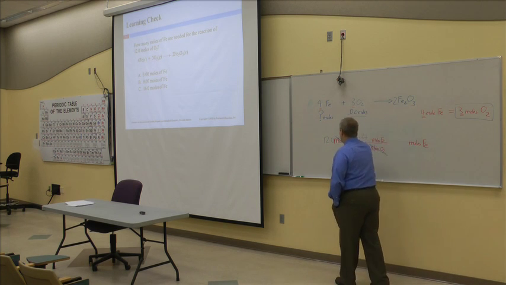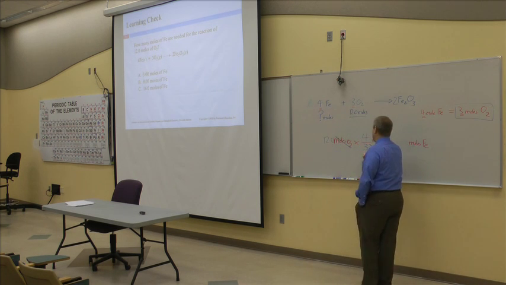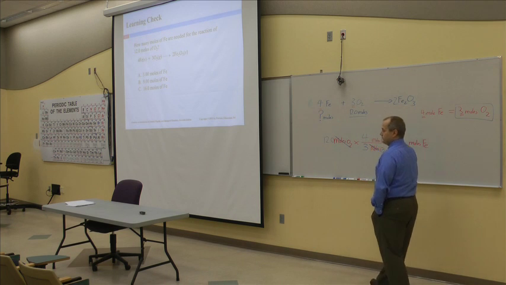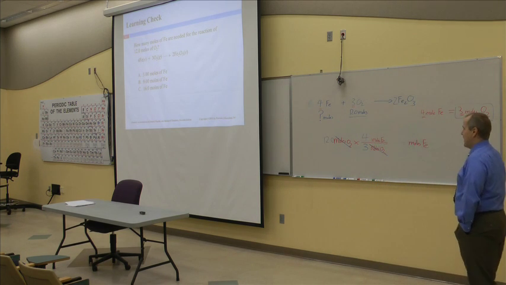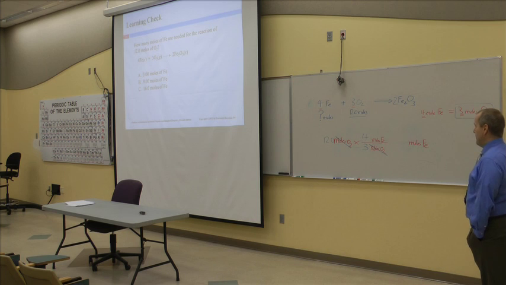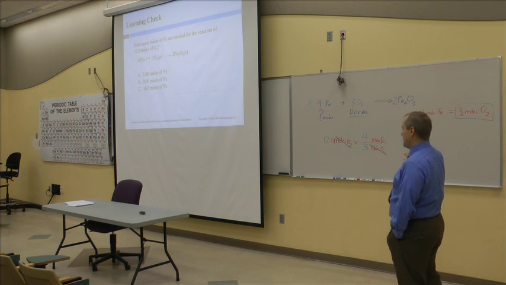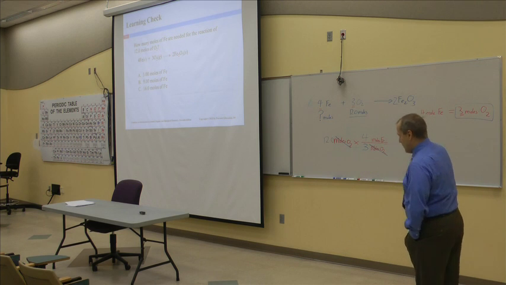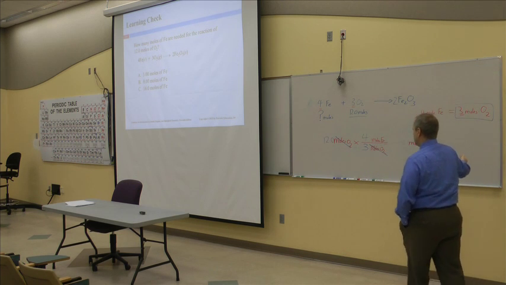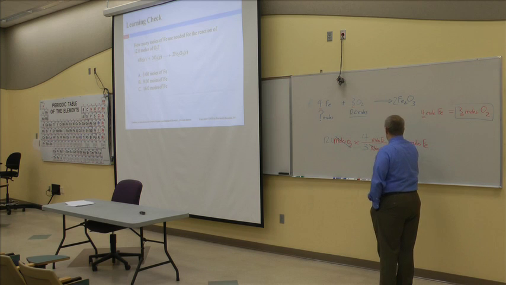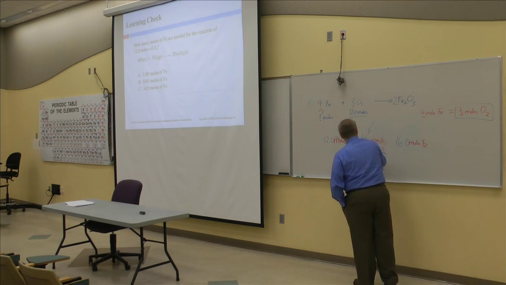So then, to convert 12 moles of O2, you simply divide by 3, multiply by 4. And that'll tell you how many moles of iron you need. So 12 divided by 3 is 4. Multiplied by 4 is 16. This and that are exact.